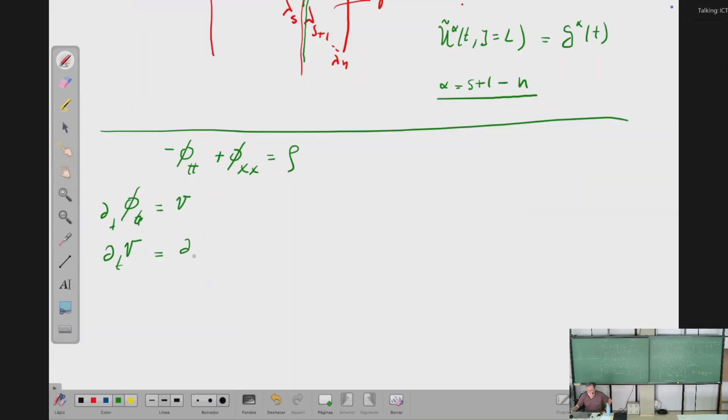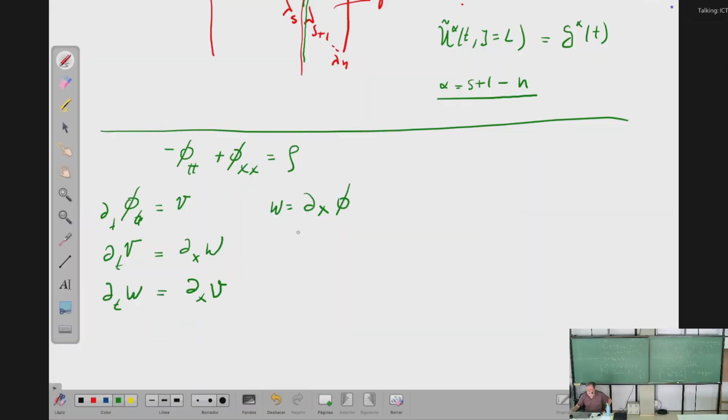phi_x, where w is the derivative of phi_x, and then you have the dt of w is dx of b, okay?